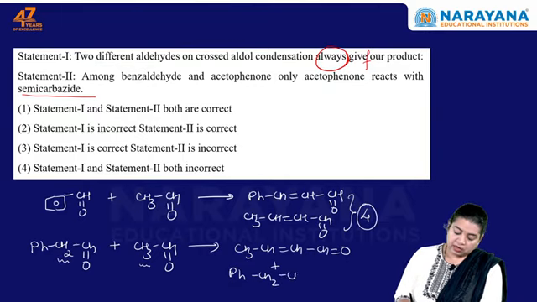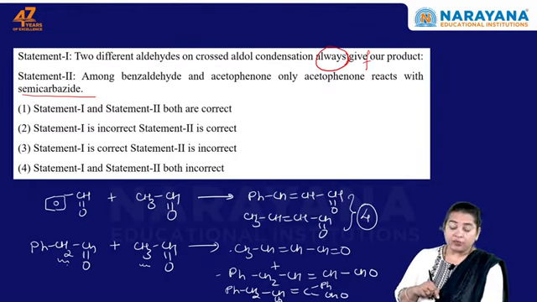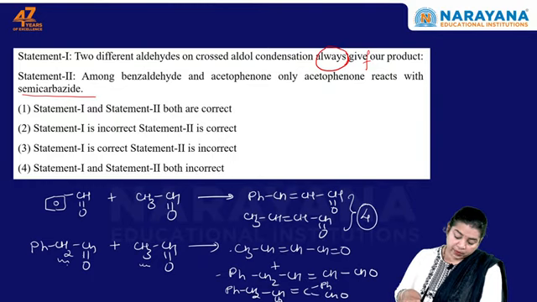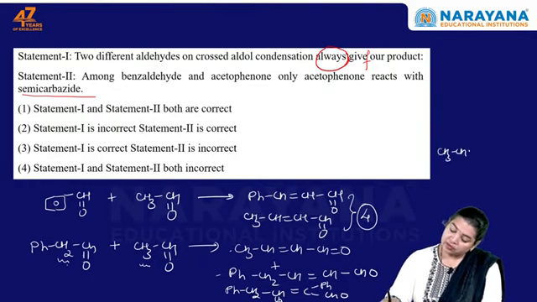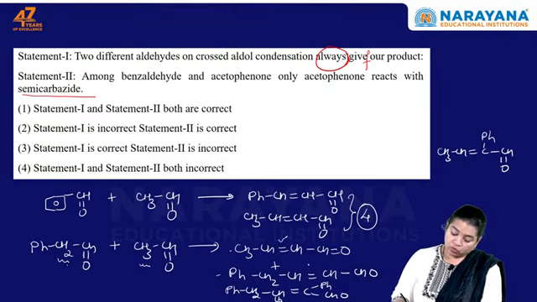Even by just this much, if I draw, this is the cross product, this is the acetaldehyde enolate attacking on acetaldehyde. One I will draw with phenylacetaldehyde, PhCH2CHO attacked by its own alpha H, and one possibility could be acetaldehyde attacked by the phenylacetaldehyde alpha H. Now you can see 2 to 4, right, to 6 to 8.